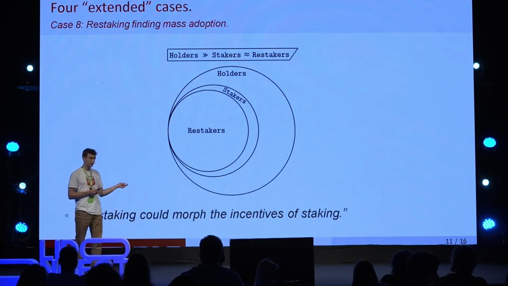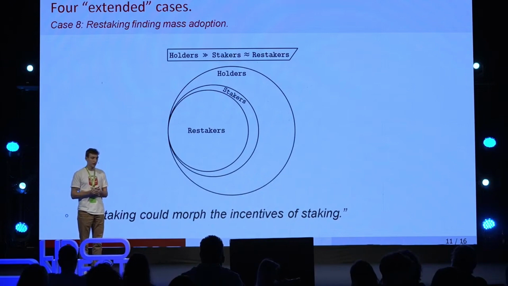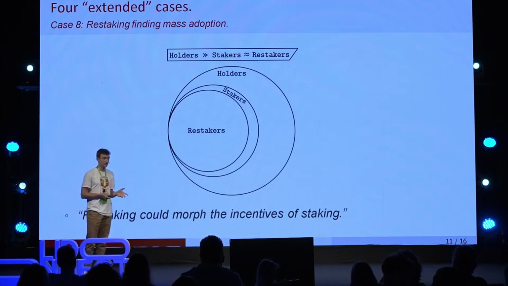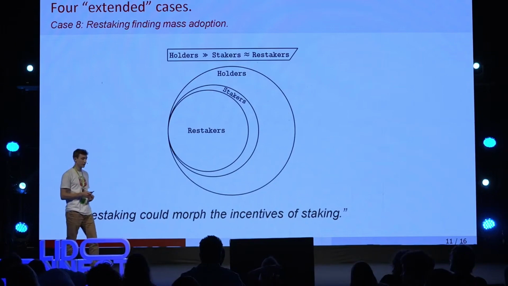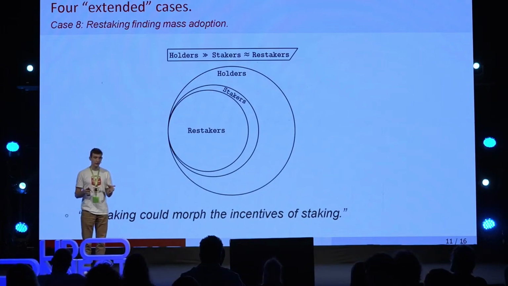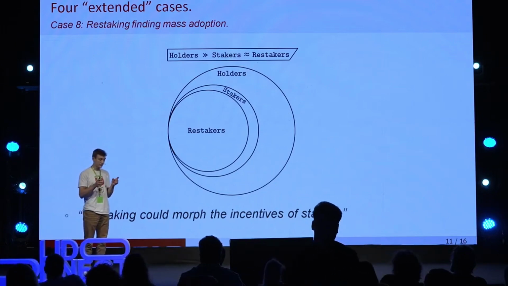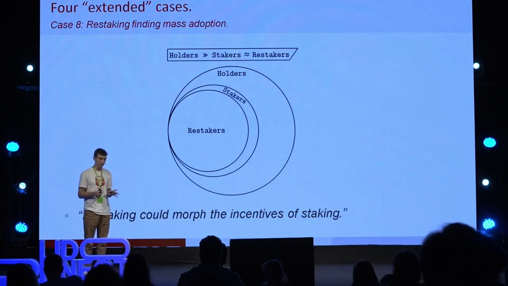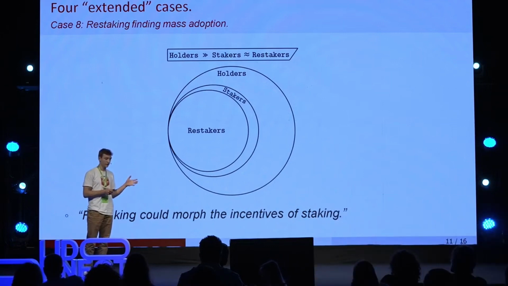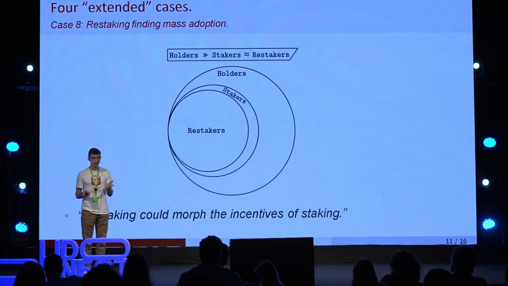Again, this circles back to the idea of potentially pricing out solo stakers by adding levels to what it takes to be competitive and to be positive. So the point here is that restaking can morph the incentives of staking, and it also adds a further layer of subdivision in this whole view. In order to accurately evaluate the risks, we also need to consider the restaking risks.